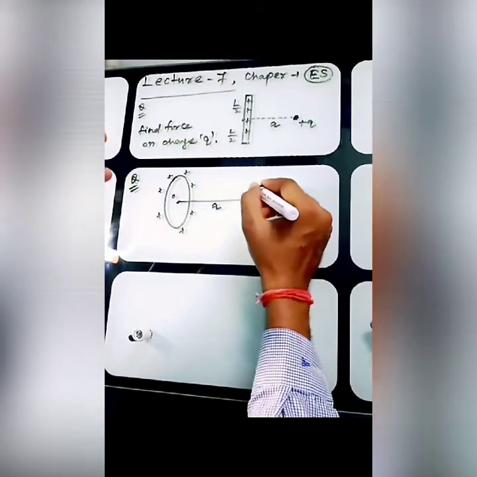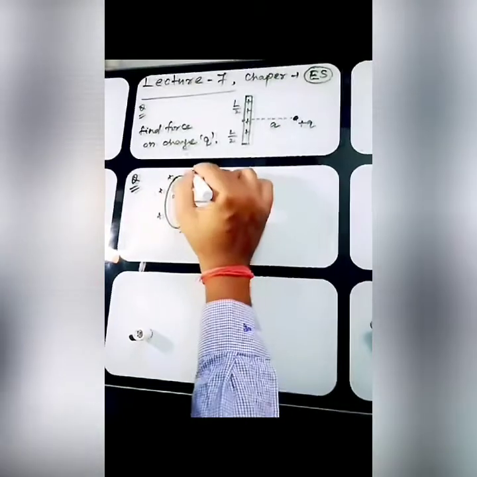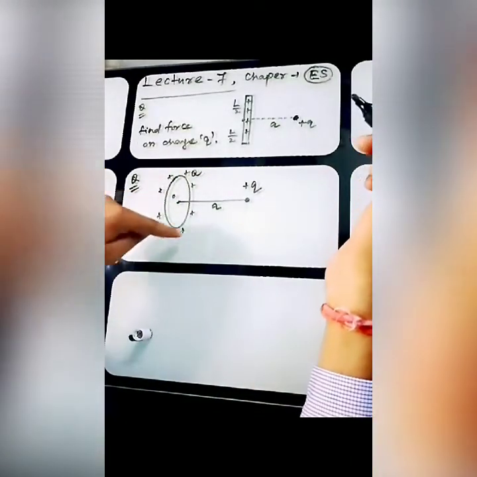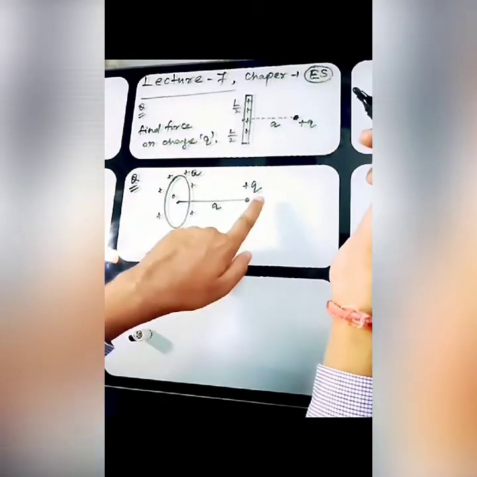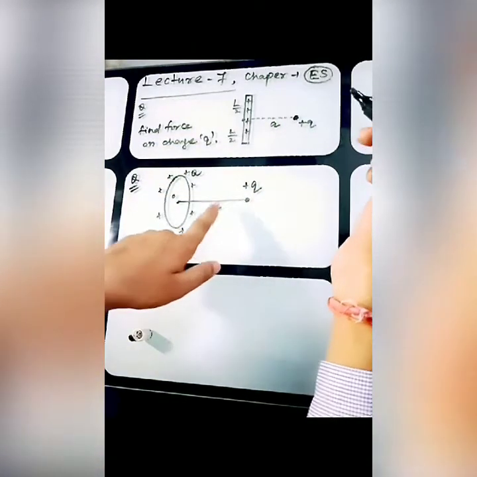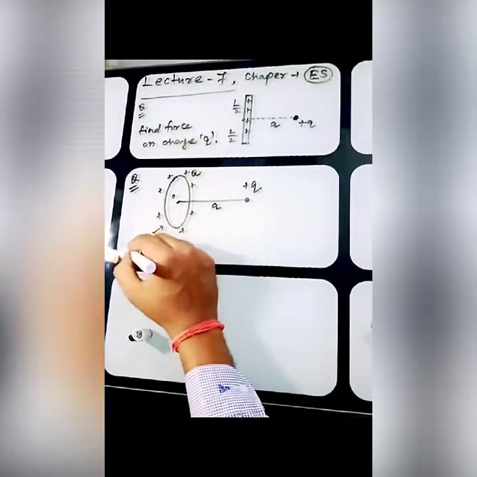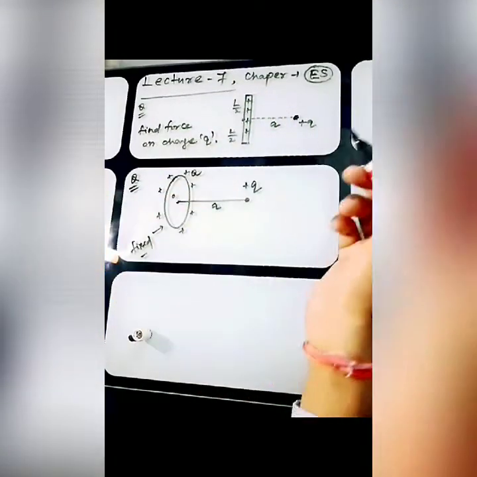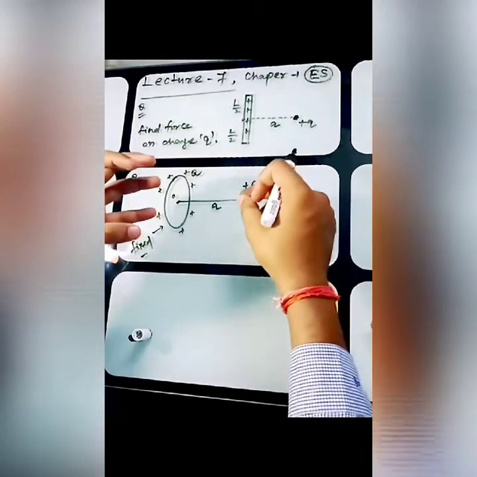This charge is positive small q, and the total charge distributed over the circumference of the ring is capital Q. If this ring is fixed, as this rod was fixed, then you have to find the force on this small charge.